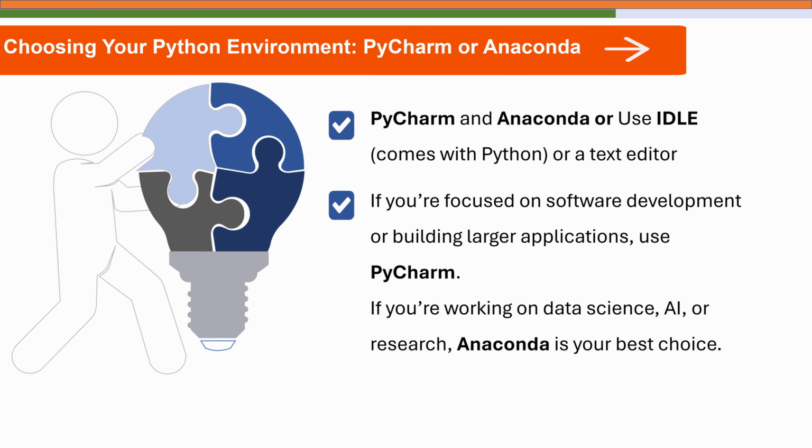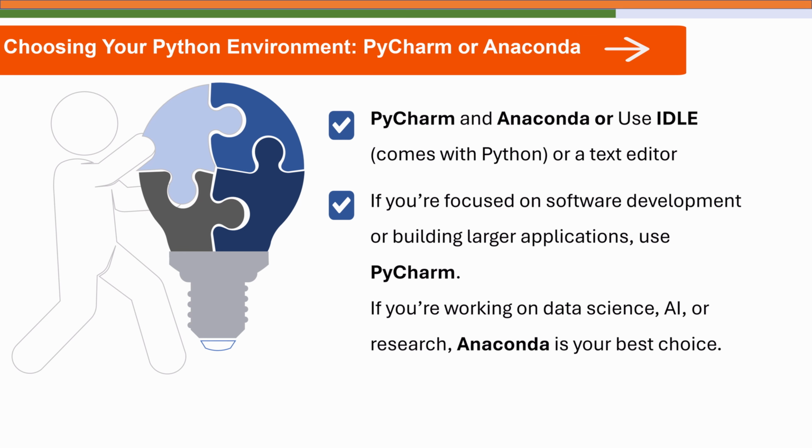So it provides features like intelligent code completion, syntax highlighting, debugging tools, version control integration, and project management all in one place. If you are coming from C++ in an IDE like Visual Studio, PyCharm will feel familiar. It is designed to streamline larger software projects. On the other hand, Anaconda is not just an IDE, it is a complete Python distribution.